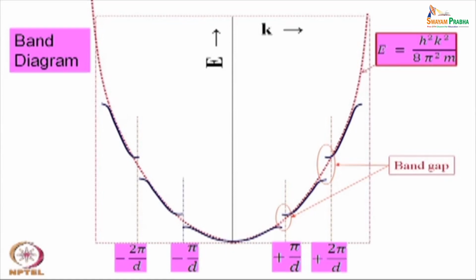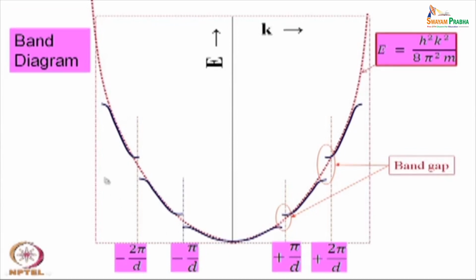This is the main outcome of the band model of solids, and we will see later that this band model can explain many properties and the behavior of different groups of solids having different ranges of electrical properties, whether it is conductivity or resistivity.